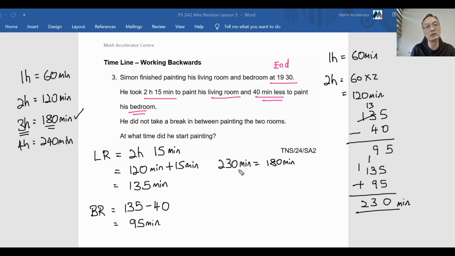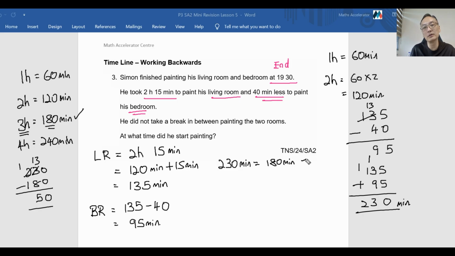So next we have to find out what remains after we subtract 180 from 230. So it's 230 minus 180. 0 minus 0 is 0. 3 cannot minus 8. We borrow from 2. So it becomes 13. 13 minus 8 is 5. So 1 minus 1 is 0. So we arrive at 50.